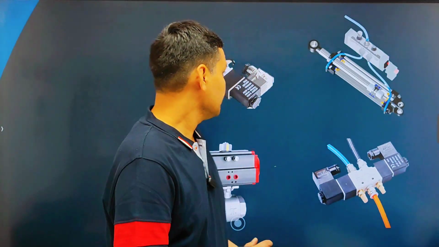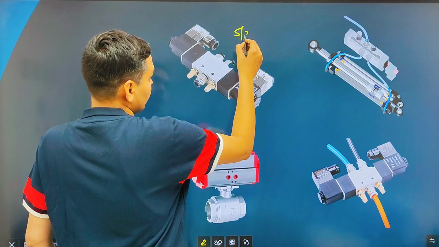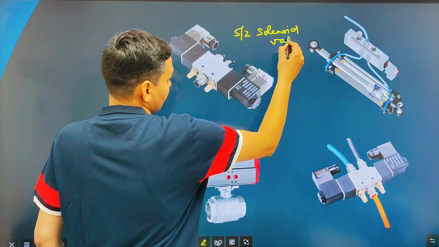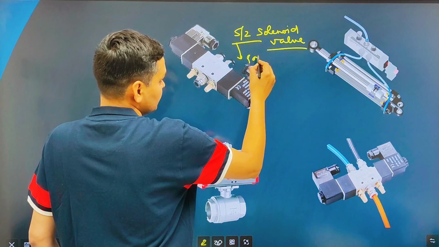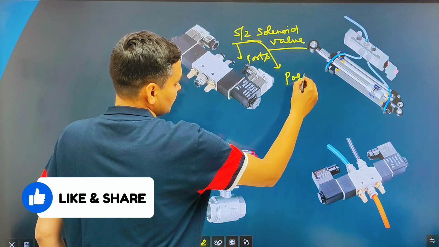Now friends, we will discuss the next type and it is the 5x2 solenoid valve. Again, these are the ports, and this shows the position.